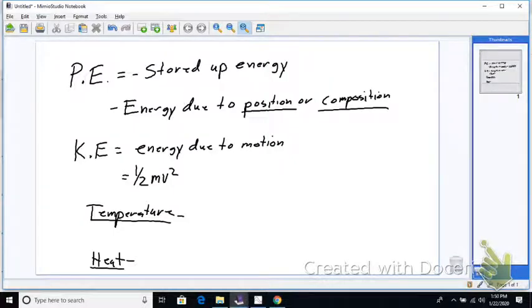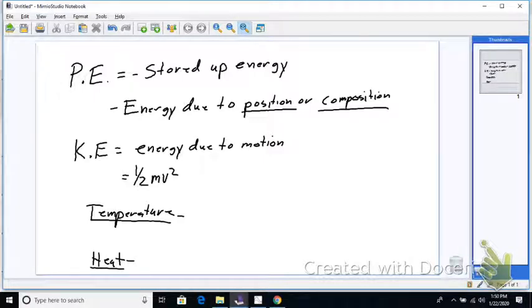I guess they're separate. So really we're switching gears. Okay? Temperature, we can measure what's called average kinetic energy by taking the temperature. There's a correlation there. It's directly related. So the higher the temperature, the higher the kinetic energy.